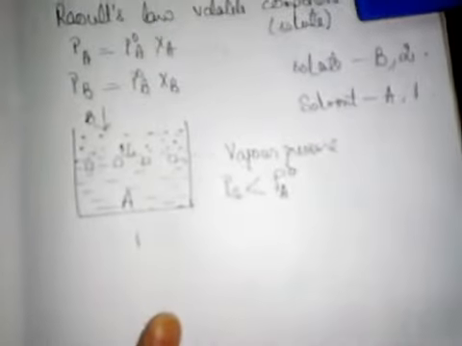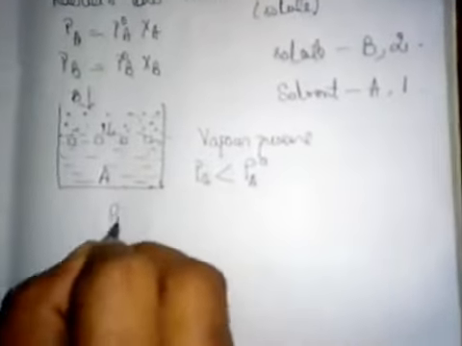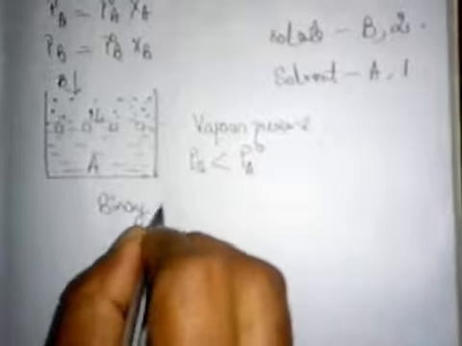So we can derive Raoult's law as, because we have taken two components, we can call it a binary solution.